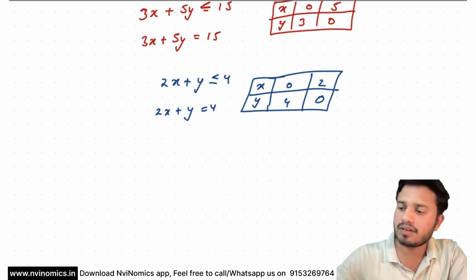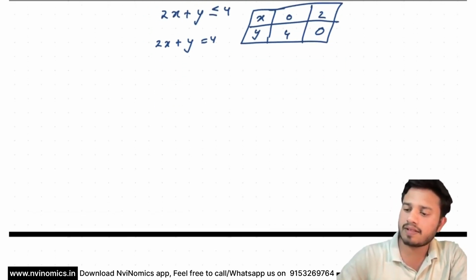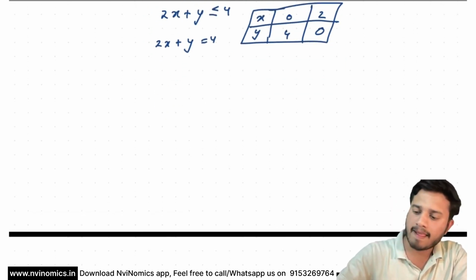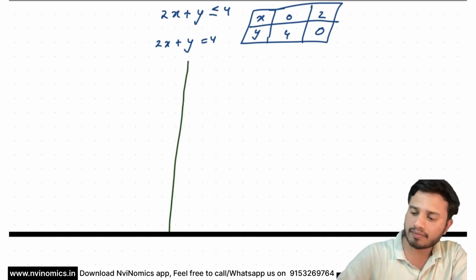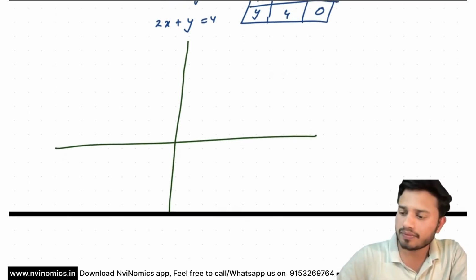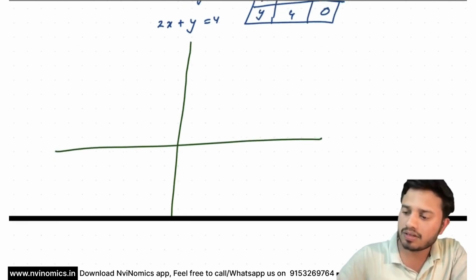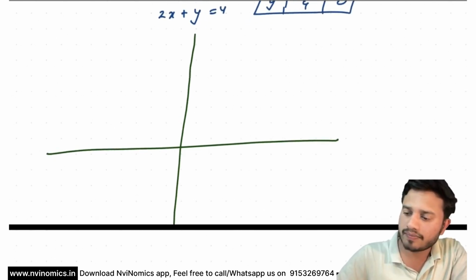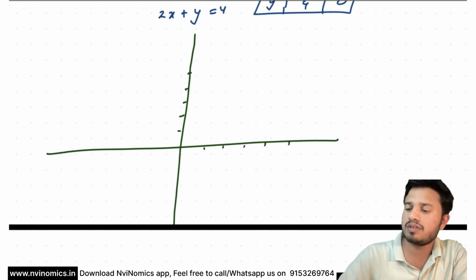Okay. Now we will draw the line. Let's see. 1, 2, 3, 4, 5. 1, 2, 3, 4, 5.